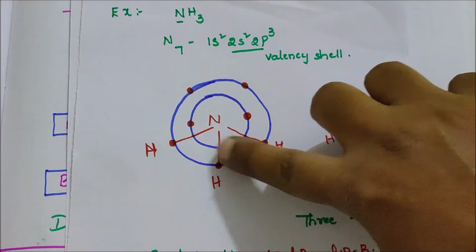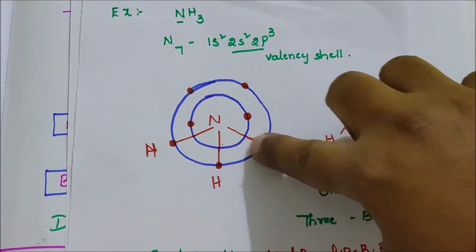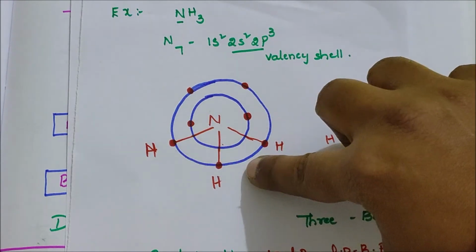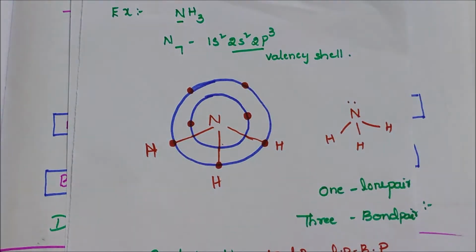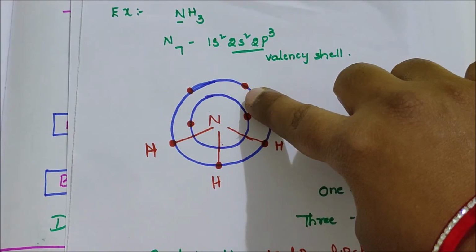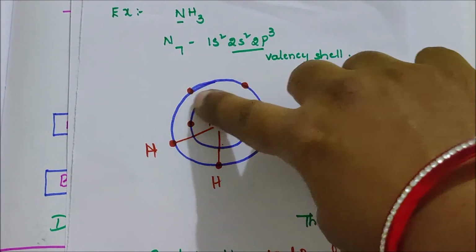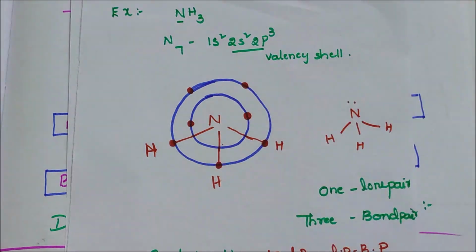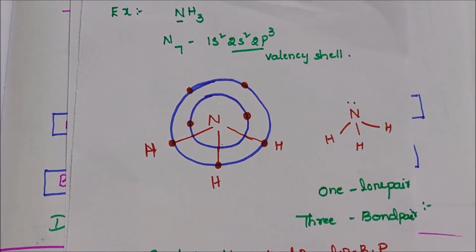Of these electrons, 3 electrons bond with hydrogens to form 3 bond pairs, and the remaining 2 electrons are called the lone pair. So ammonia contains 3 bond pairs and 1 lone pair.